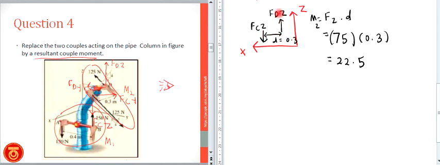Okay, this is FDZ and this is FCZ, and when you connect both, this is counterclockwise, so the magnitude is positive. And what is the axis here? The axis here is y, so for Mz, the axis is j.